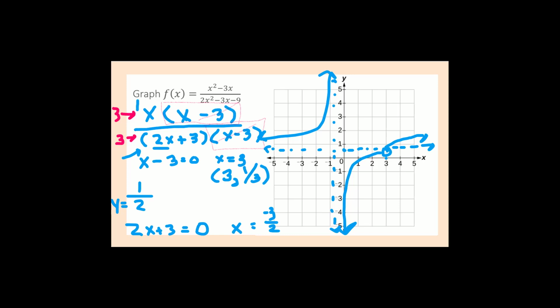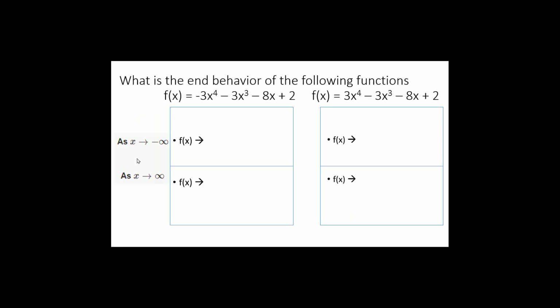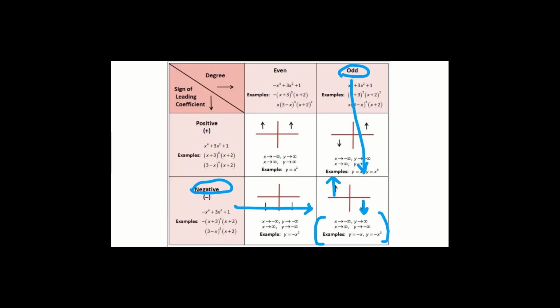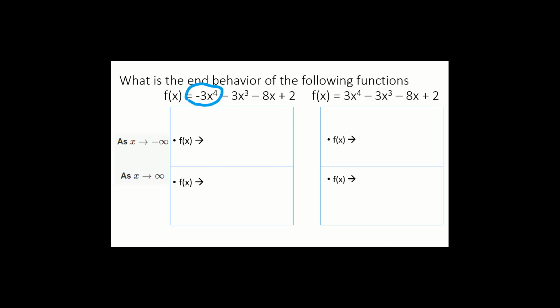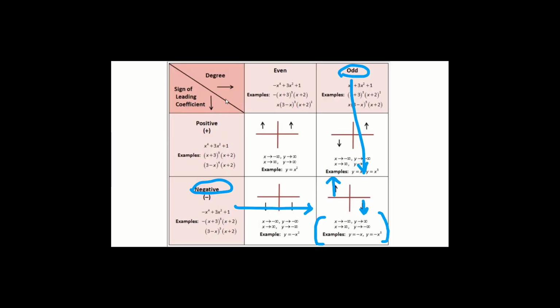Just a reminder about what we've learned in end behavior. If you look at these two functions, we're looking at the leading coefficient, and we're looking at our chart, if you remember: odd or even, positive or negative. That leading term has a negative and an even. So if we use our chart, negative and even is going to be right here.